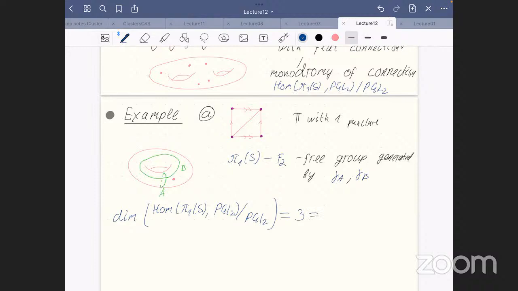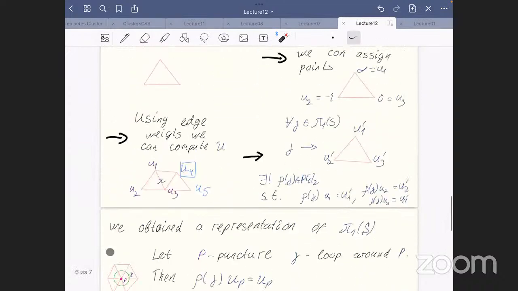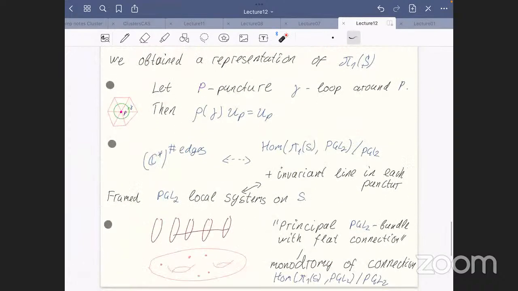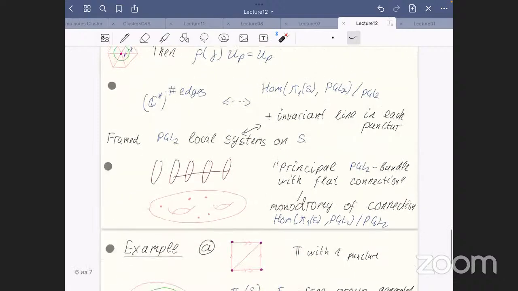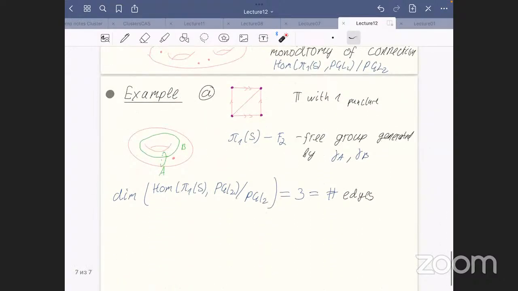And this is exactly equal to the number of edges. Which is okay because my main proposal was that we have a map which is rational, and so this accords.